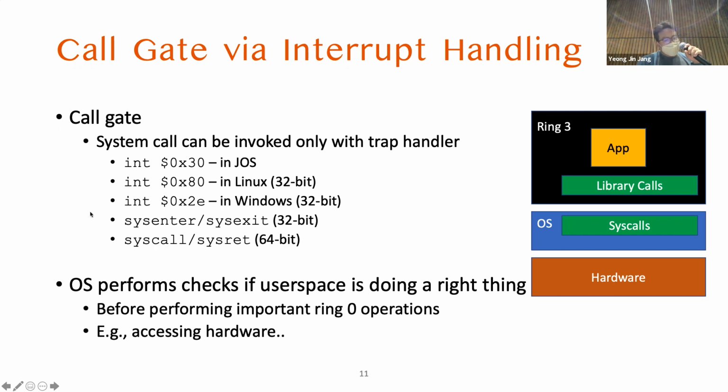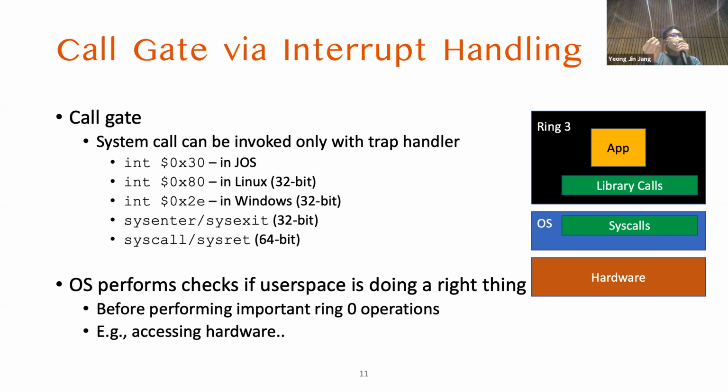before 1998, I believe that's the year the Pentium 2 was born, there was only one mechanism to invoke a system call, and that was via interrupt. But interrupt is a general mechanism for handling exceptions, faults, real hardware interrupts, and it can also handle system calls.